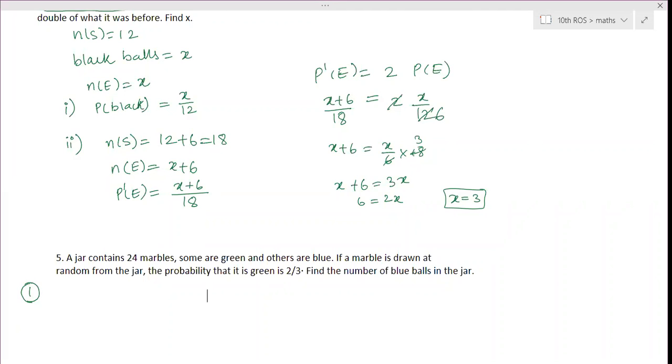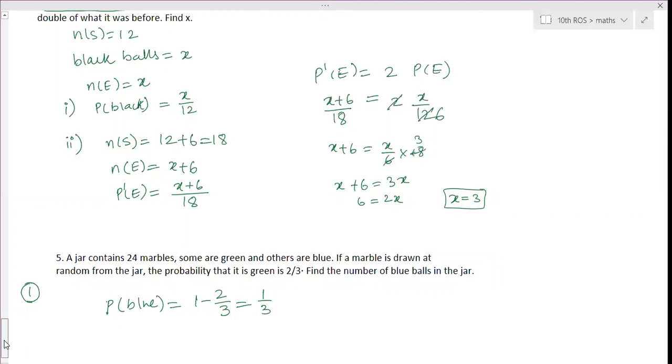We should consider the probability of not getting green, that is blue. Probability of blue is 1 minus 2 by 3, which is equal to 1 by 3.